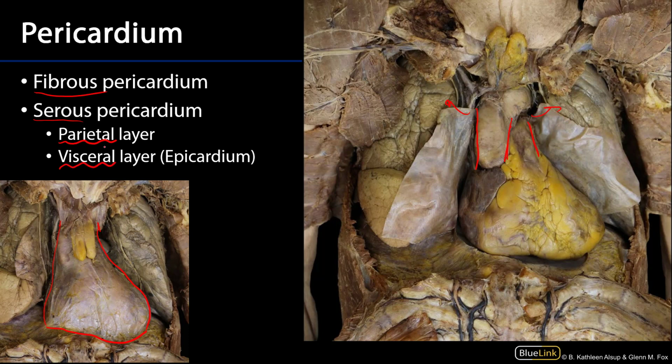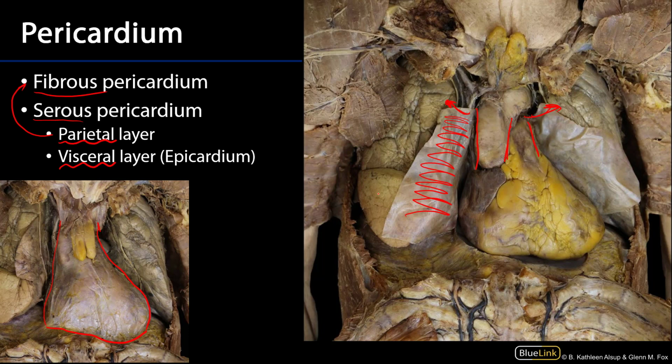So that parietal layer adheres directly to the fibrous pericardium. So in this image here, with the pericardium incised and reflected open, everything that we can see here as this shiny surface is going to be the parietal layer of the serous pericardium, sometimes just called the parietal pericardium.